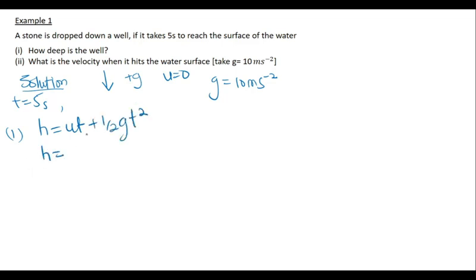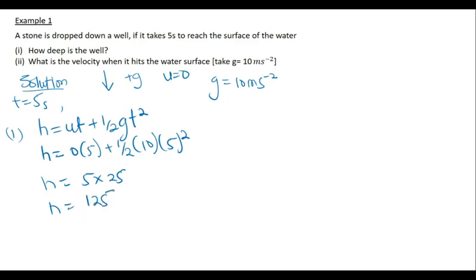So h equals 0 times 5 seconds, because it is coming downwards, plus half, gravity is 10, and time is 5 squared. So our height is 0, plus 5 times 5 squared, which is 25. So the height of the wall is 125 meters. This is the height of the wall for this example.